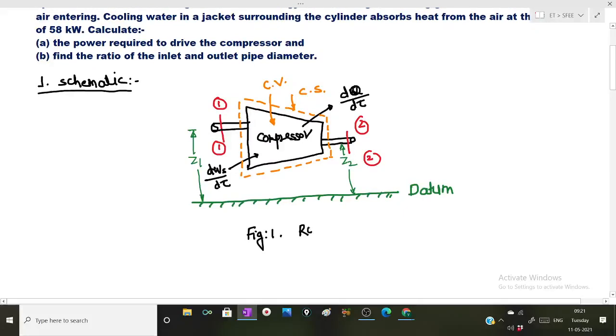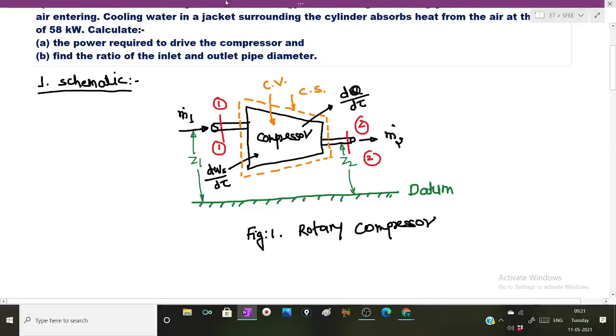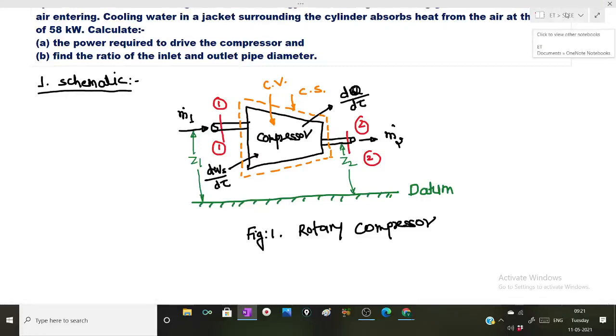The inlet working fluid is entering with the mass flow rate m dot 1 and it is leaving with the mass flow rate m dot 2. So this is the required schematic of the steady flow device shown in the form of a compressor.